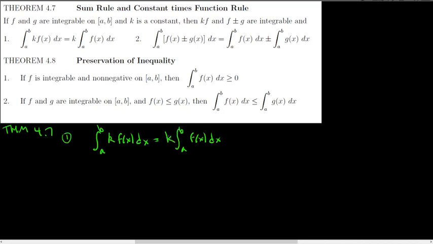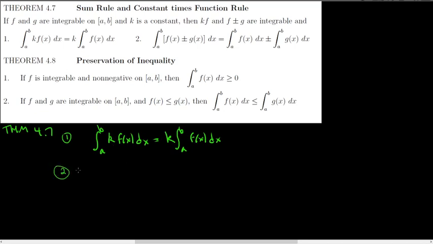In other words, the constant can come outside. We already saw that with indefinite integrals, so maybe it's not surprising that it works for definite integrals as well. Just keep in mind that indefinite integrals are functions plus a constant, and definite integrals are just numbers. So here you're just multiplying k times this number, and you get this other number here.